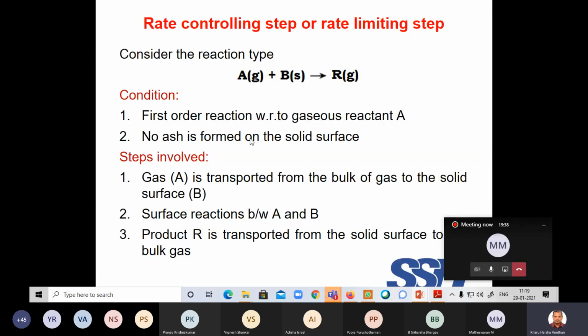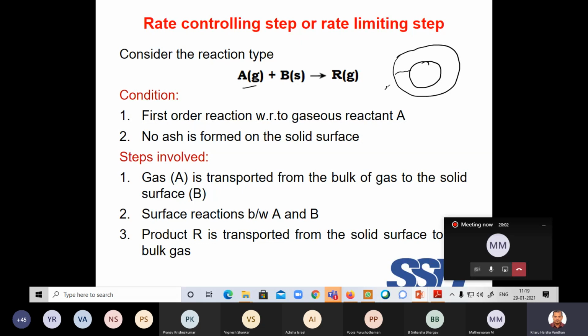Now let us assume this is the solid particle. Let us assume the solid particle is spherical. Then there is one more, the gas phase around this solid particle. The gas is there, right?